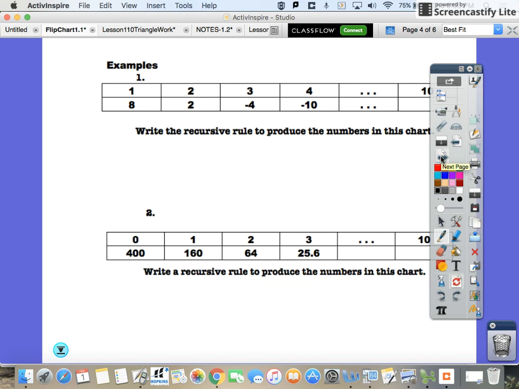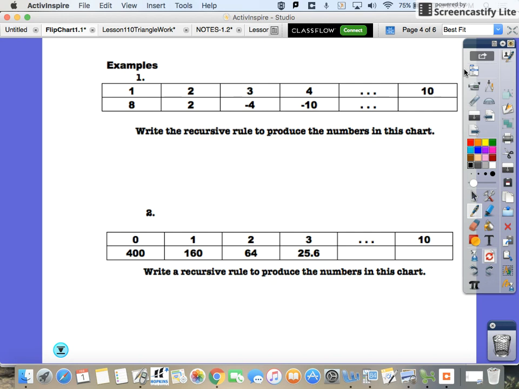So this example asks us to write the recursive rule to produce the numbers in the chart. And then it looks like they want us to find the 10th term. So what we do is we always start with u sub 1, u sub n equals u sub n minus 1. The first term is 8, so we go 8 right here.